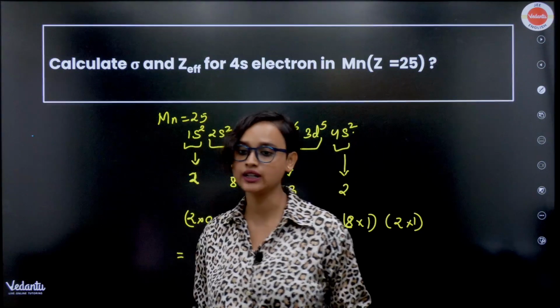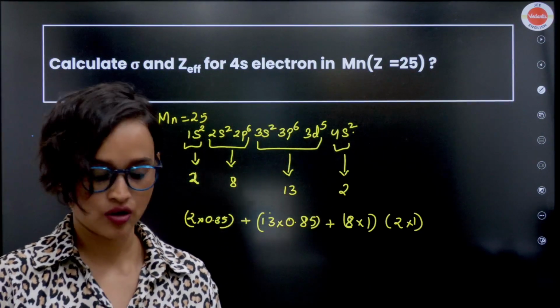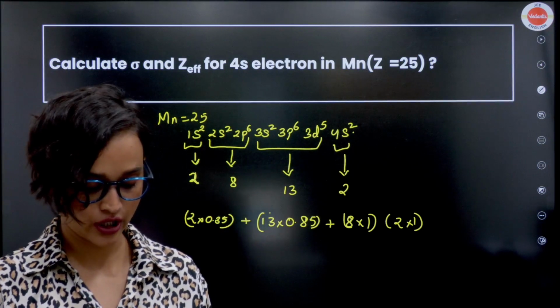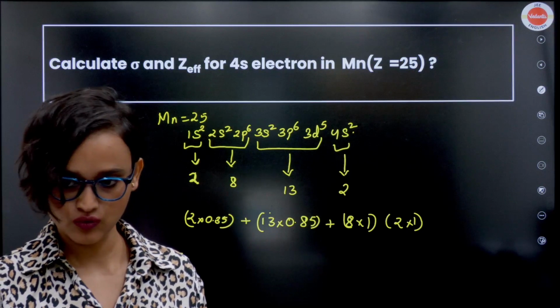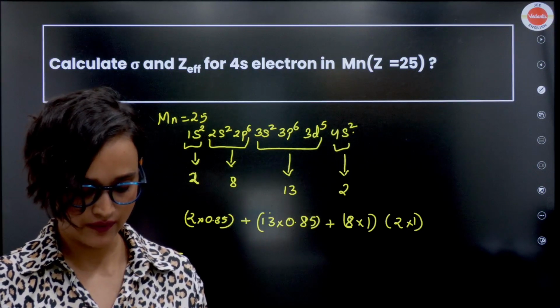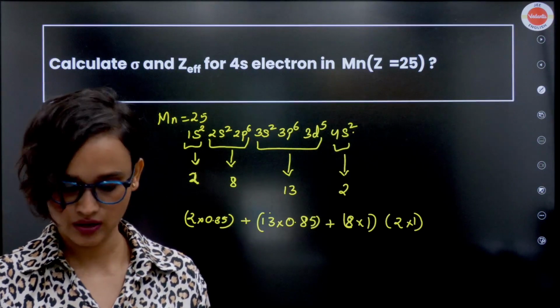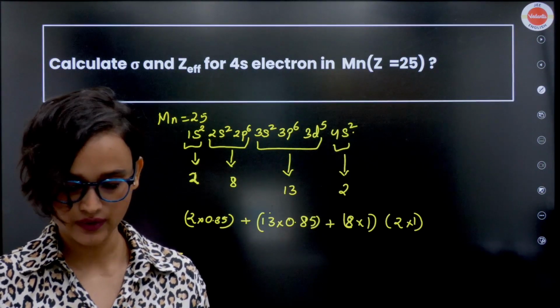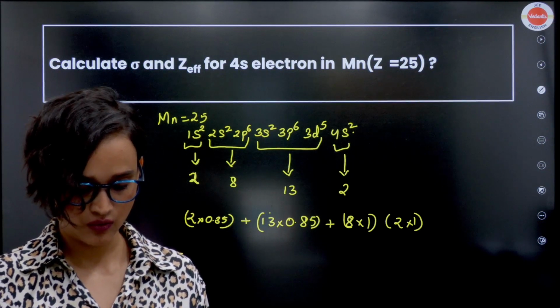What is the result that you are getting? First calculate this. Or let's also do it together. So 2 into 0.35 plus 13 into 0.85 plus 8 into 1.